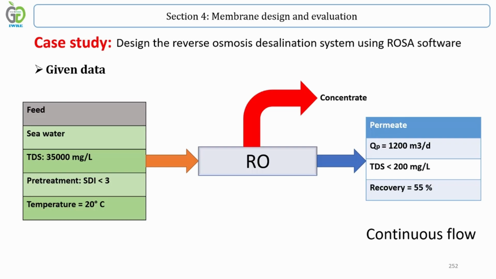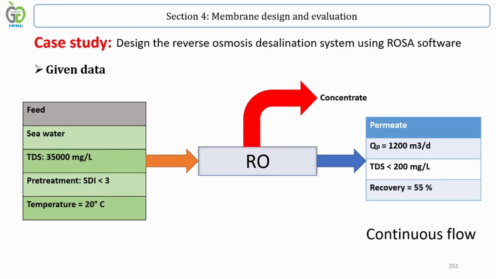The required permeate, as you can see on the right side, is 1200 cubic meter per day with TDS less than 200 milligram per liter. This is in the range of drinking water. That means the aim of desalination of this seawater is for drinking water, and the recovery for this design is 55%. As configuration, continuous flow is considered for this system.